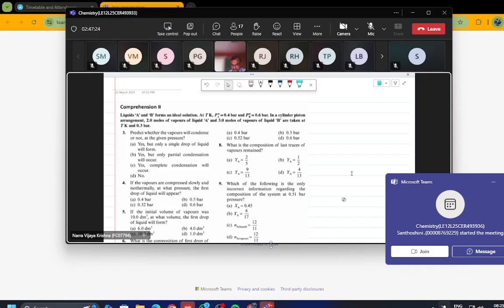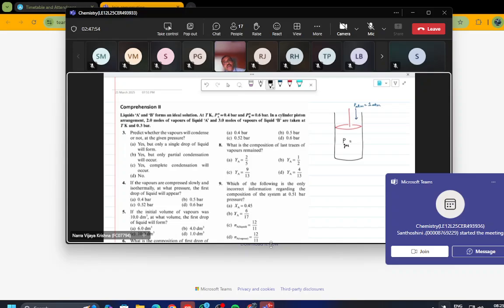Listen. It is a cylinder fitted with some frictionless massless piston. What is the pressure outside the cylinder? Atmospheric pressure, P atmosphere, which is equal to 1 atmosphere. What is P of gas now?